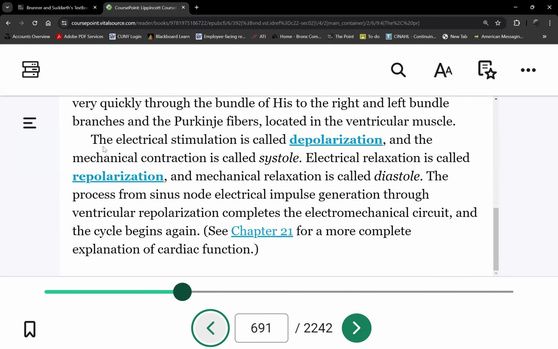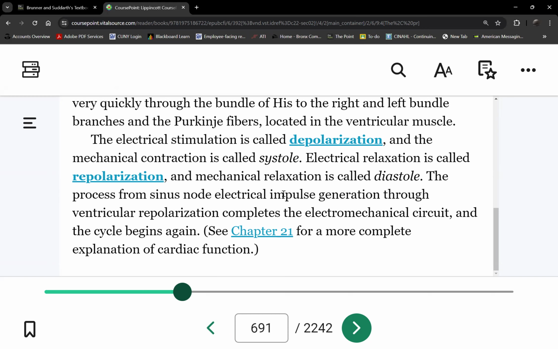They also coincide with certain periods of the cardiac cycle. Depolarization makes systole possible, so depolarization is the same as the systole period. And relaxation is repolarization, which is the same as diastole.